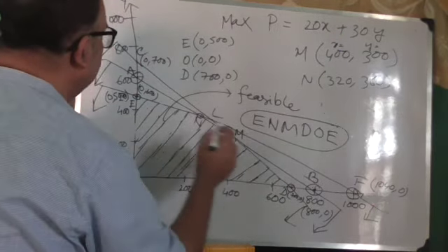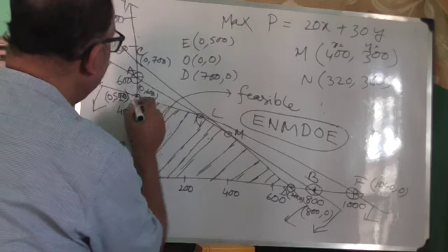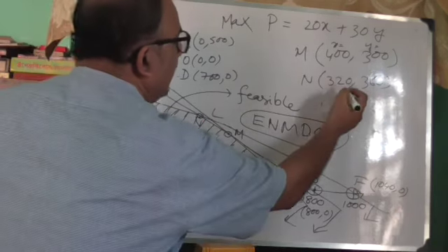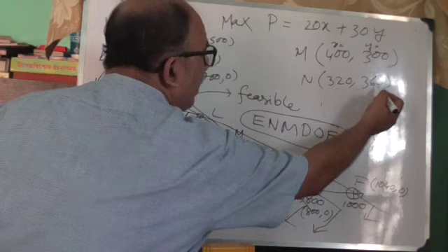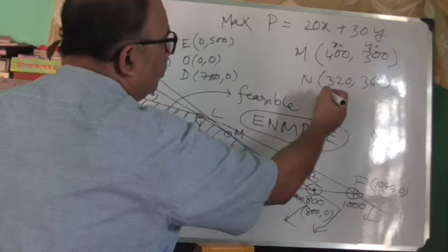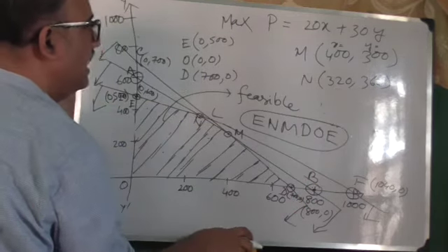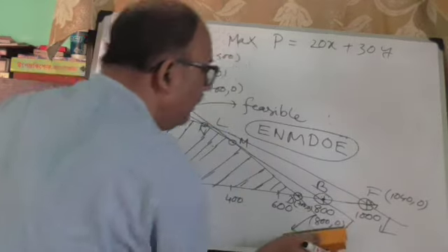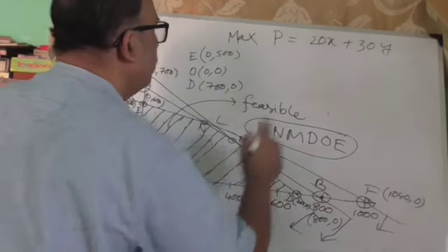And solving the equations AB and EF, we get the point N, and there X equals 320 and Y equals 360. So these are the two solutions, M and N, and then we will find the value of P at those points.